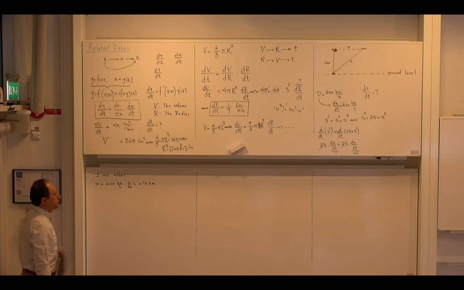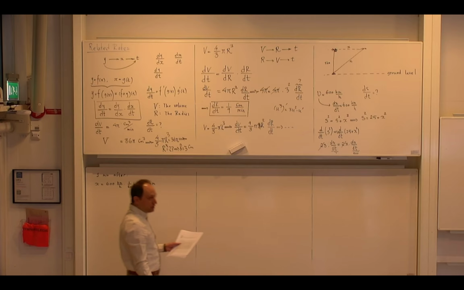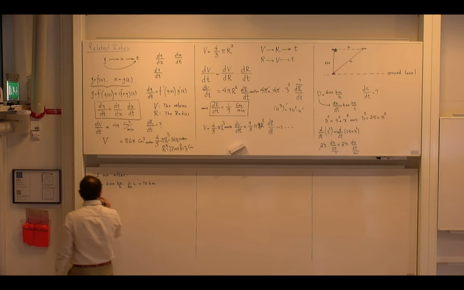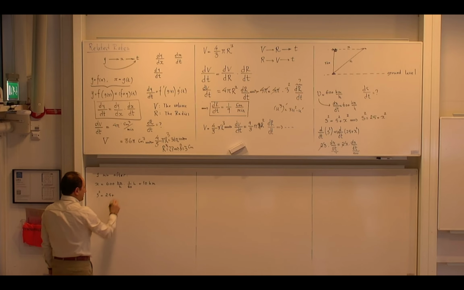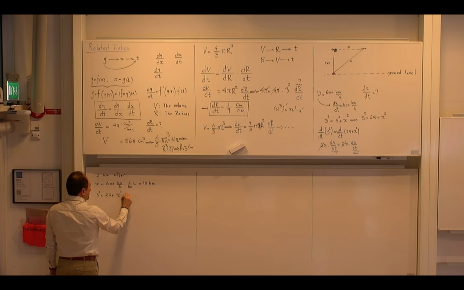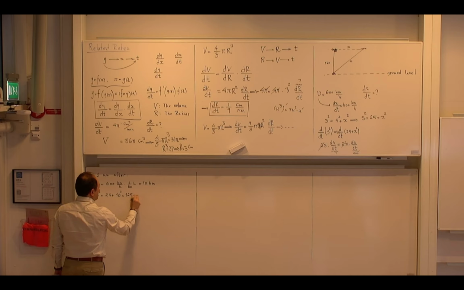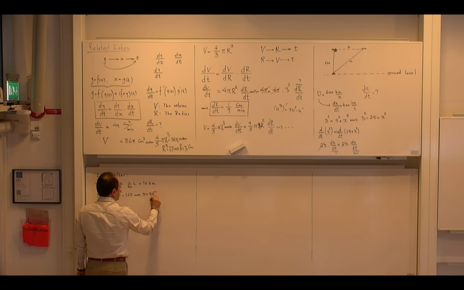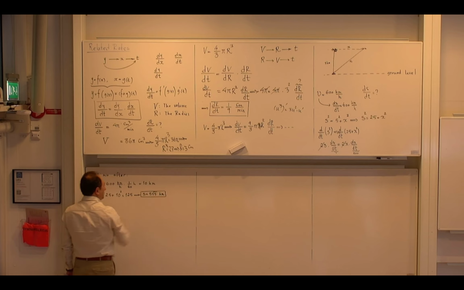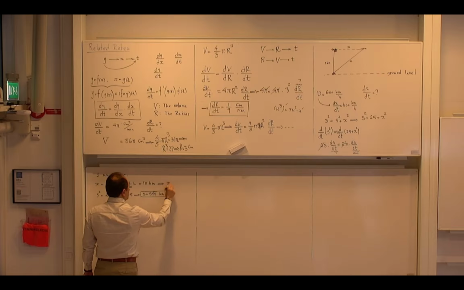Okay, what about s then? Because I also need s. Very simple: s squared is equal to 25 plus this number squared, so it becomes 125. So at that moment, s is the square root of this, which I can write as 5 square root of 5 kilometers. Be careful, include the units. Here x is also 10 kilometers.